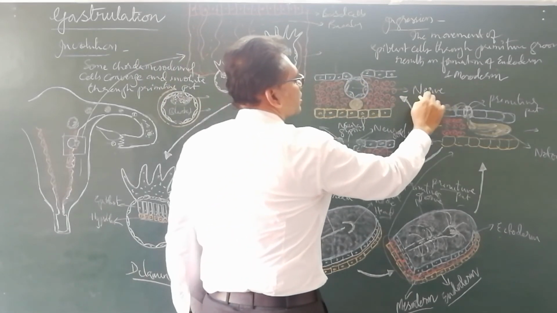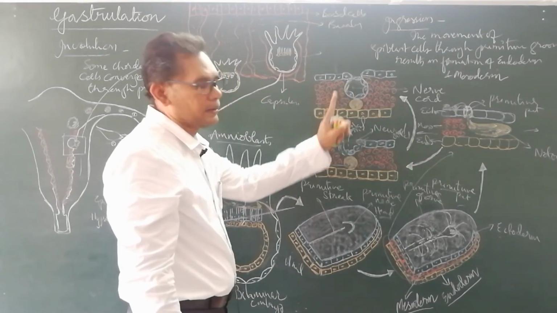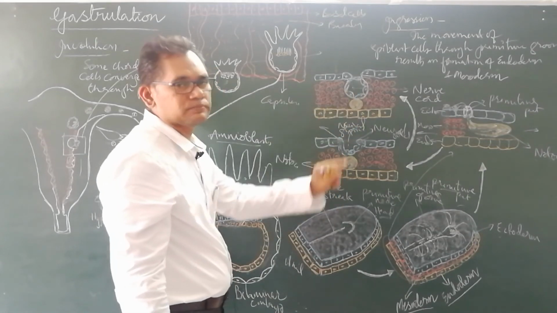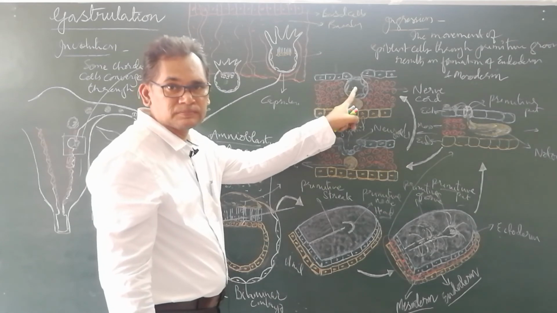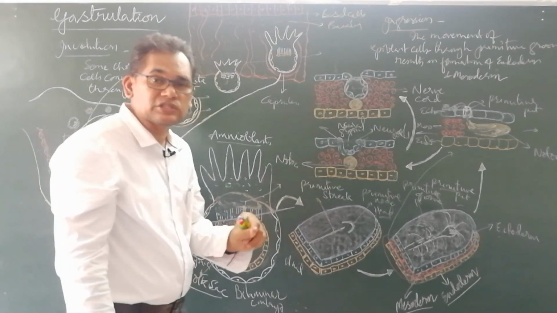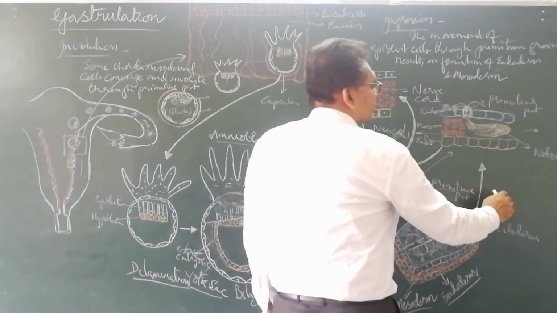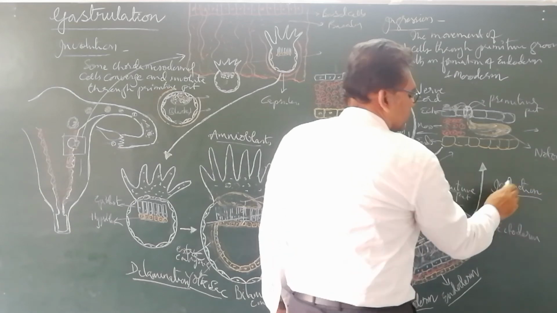Above the notochord, into the mesoderm. It means now the notochord is formed as well as the nerve cord is formed. The formation of the nerve cord is what we call induction.